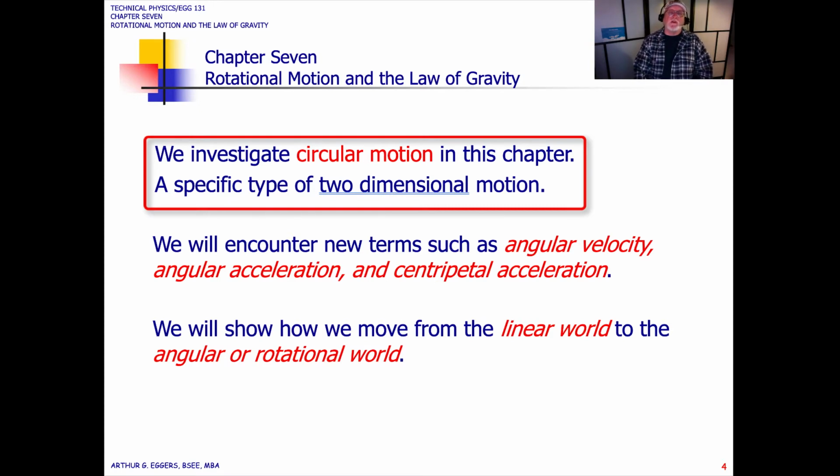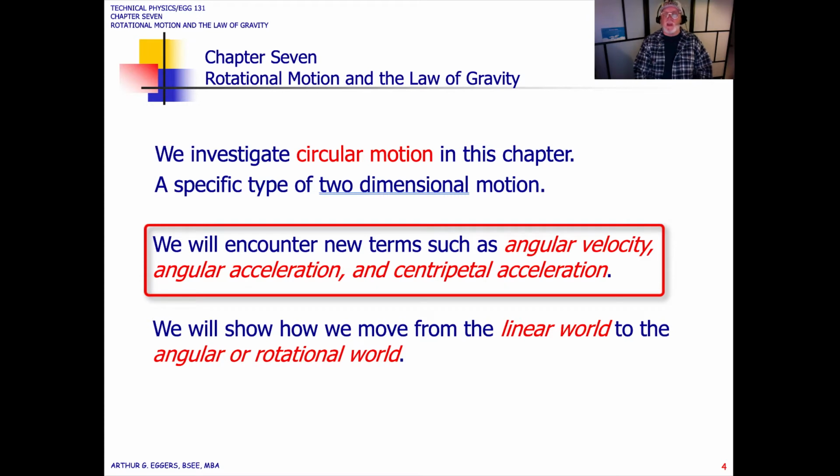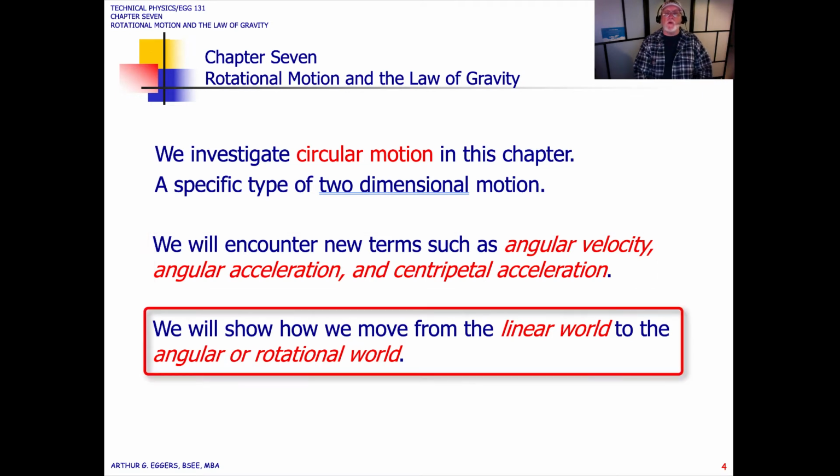So we're going to encounter new terms such as angular velocity, angular acceleration, centripetal acceleration, and we're going to show how we move then from this linear left-right, up-down world to the angular and rotational world.